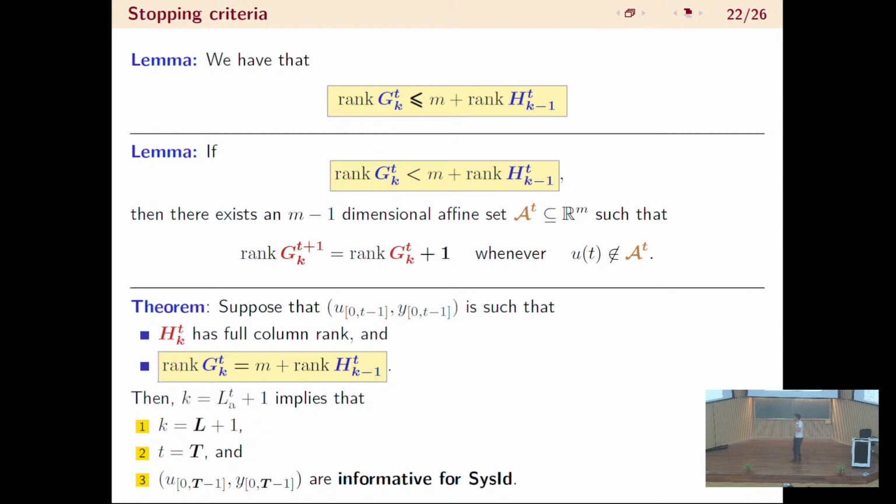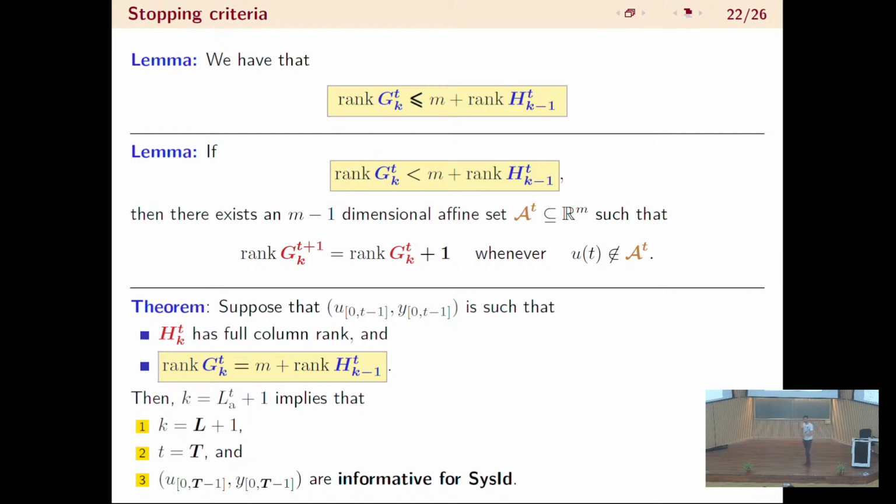This is arguably the most important point. So if we have that k is equal to L_A plus 1, then let's have a look what happens. Then the depth k is exactly the right depth, L plus 1. The number of samples is exactly equal to the minimum number of samples that I need for system identification, and the input-output data are informative for system identification.